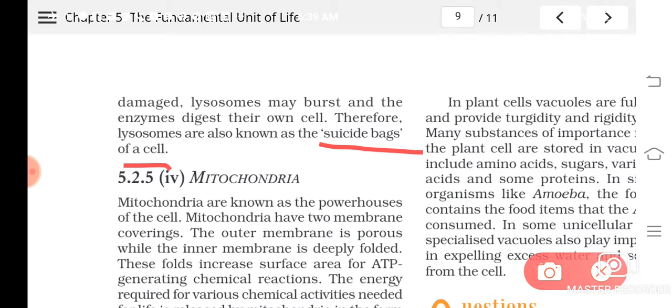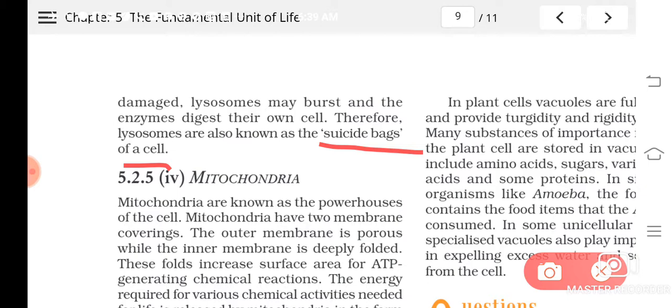Why are they called suicide bags? Because they contain powerful digestive enzymes or hydrolytic enzymes. If the cell is damaged or infected, what will happen? The lysosome may burst by itself and digest its own cell, and because of this it is known as the suicide bag. So today we have studied three different organelles.